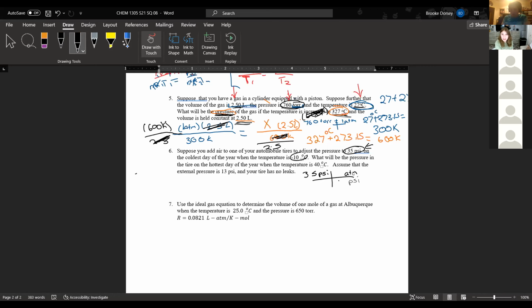It will be 1 ATM, and then 14.695. Perfect. So again, use dimensional analysis, multiply across the top, divide by the bottom.